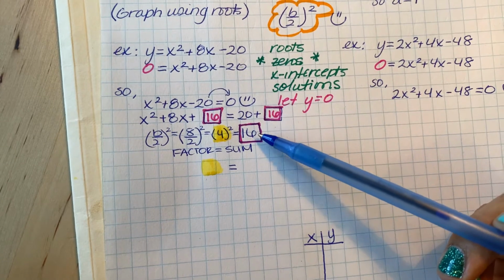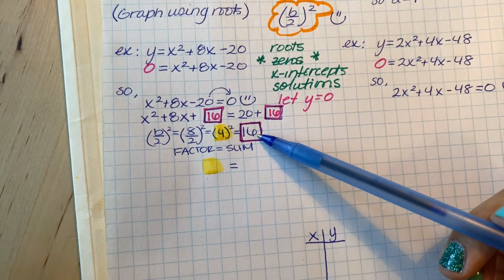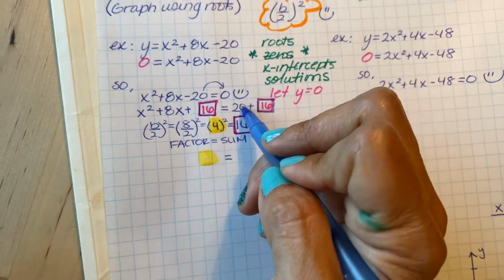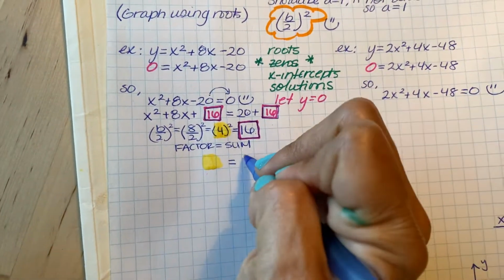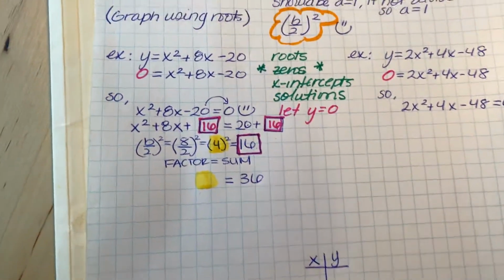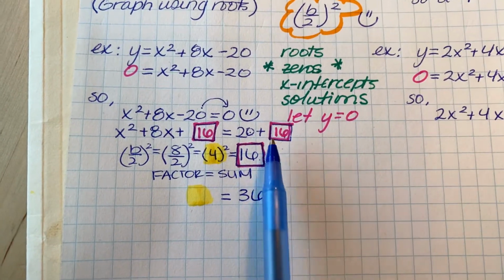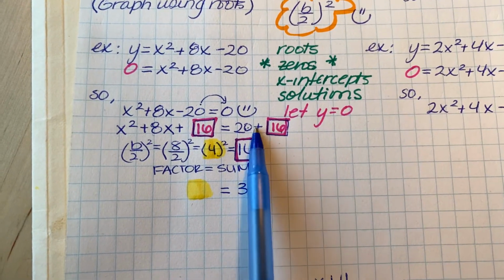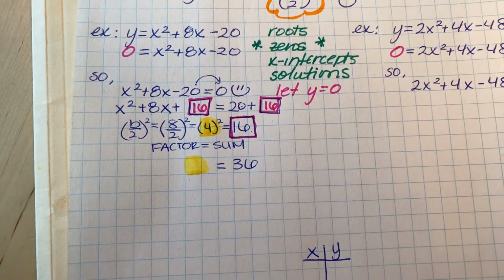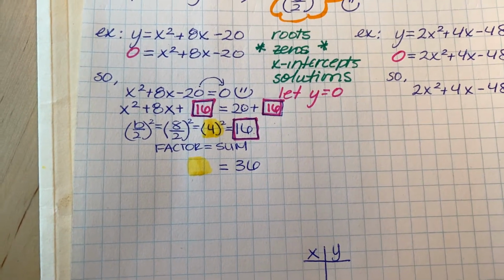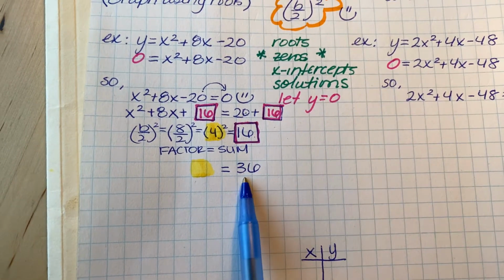And then the 16 came from the b over 2 squared. So what is 20 plus 16? That is 36. So when I say to sum, go ahead and perform this arithmetic on the right. You're taking your c value as well as your b over 2 squared value, these two numbers, and combining them.